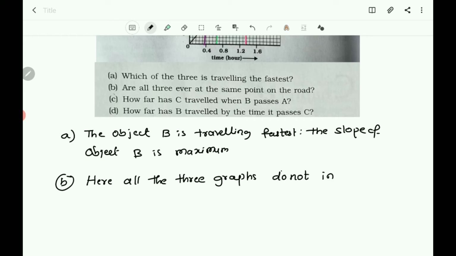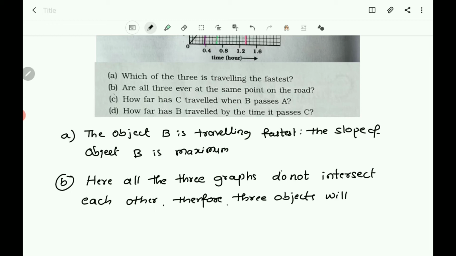Therefore, the three objects will never be at the same point on the road.